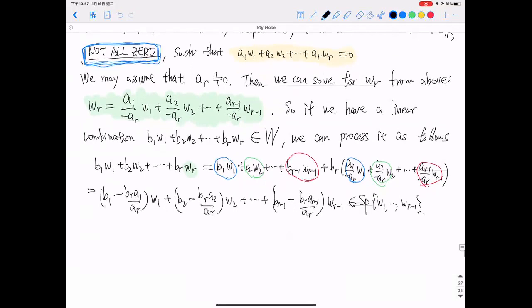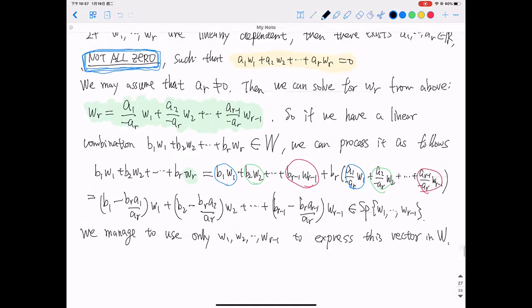So we managed to use only W1 through WR minus 1 to express this vector in W. What this means is that WR is redundant. If the purpose is to write vectors in W as linear combinations, you don't need WR. You just need W1 through WR minus 1.